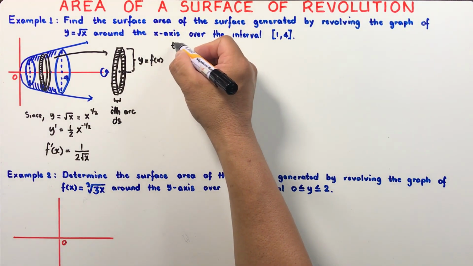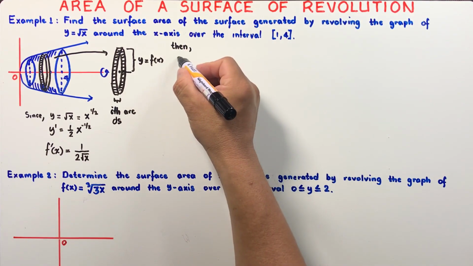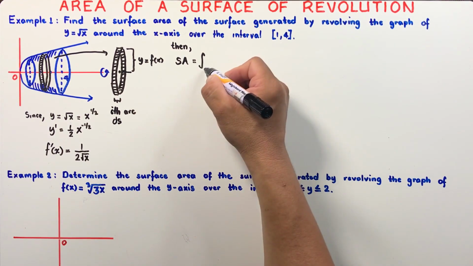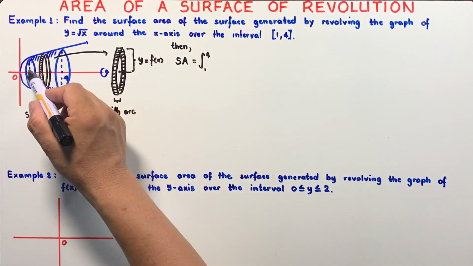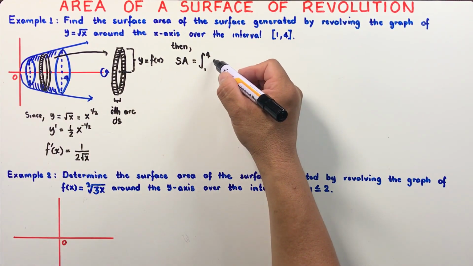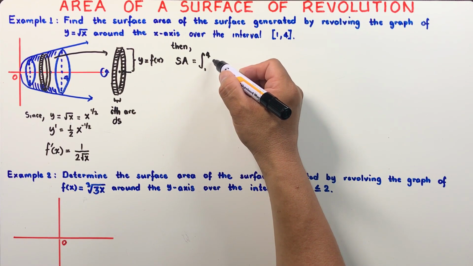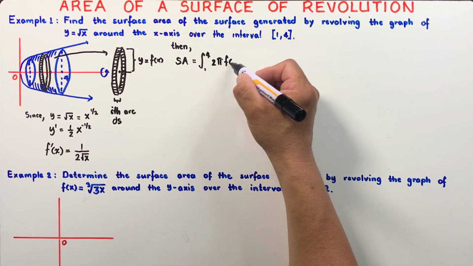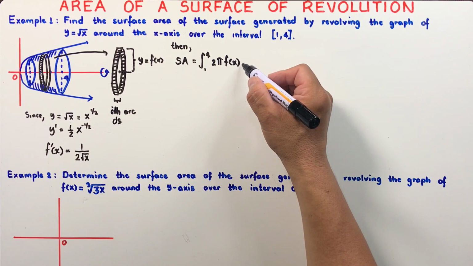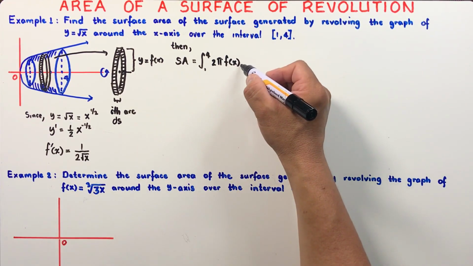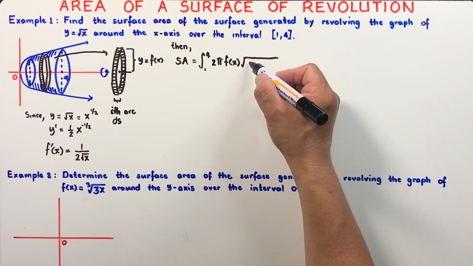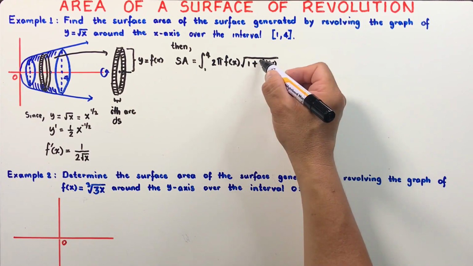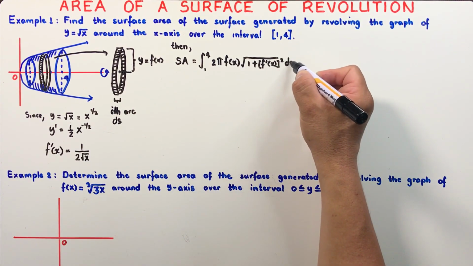Then with that, we can formulate our equation for finding the surface area of the surface of revolution as the integral from 1 to 4, because you will be slicing from 1 to 4 here, of the circumference of the incremental slice. So we have 2 pi times the radius f of x times its thickness, which is our ith arc, our ds, and we know that the ith arc has a formula of the square root of 1 plus the square of the derivative of our radius.